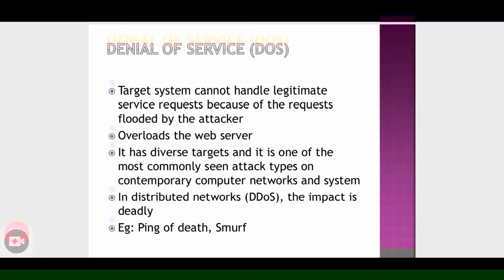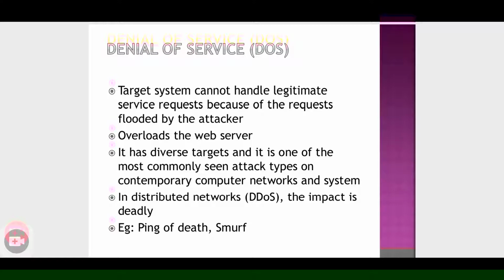Here, the target system cannot handle legitimate service requests because of the requests flooded by the attacker, or sometimes the web server is overloaded by the data. It has diverse targets, and it's one of the most commonly seen attack types on contemporary computer networks and systems.